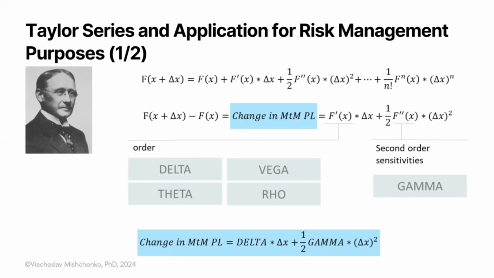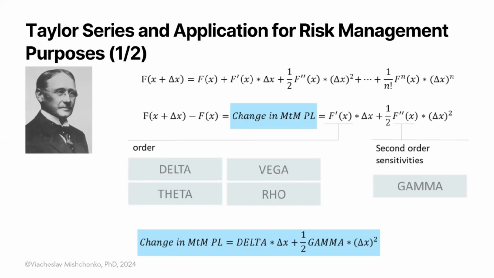This is really very powerful. It means that we can estimate our P&L, profit and loss, for small moves in the underlying without having to price heavy instruments in our portfolio. It is really good for very brief evaluations of the risks within our portfolio.